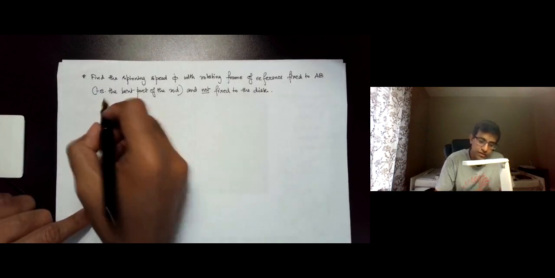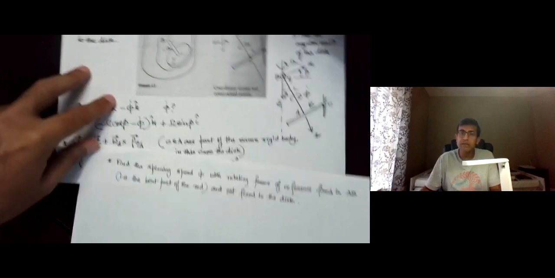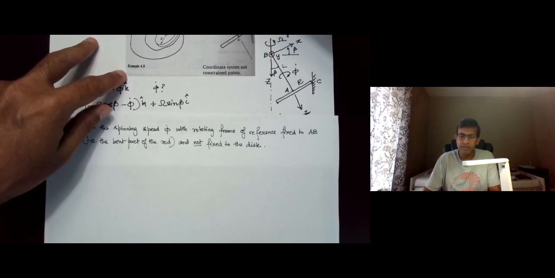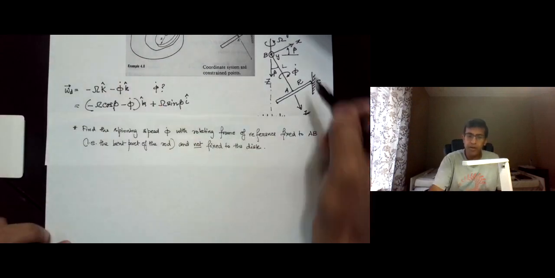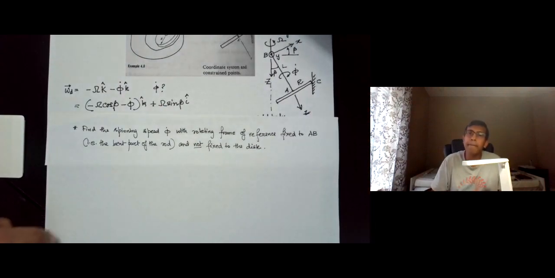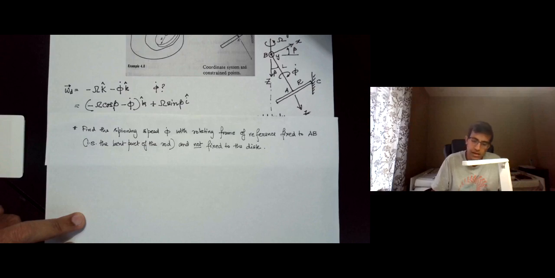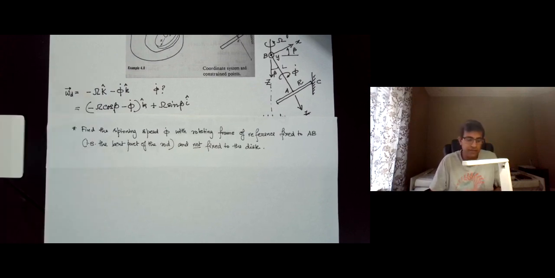Alright, so if we do this, then again, just for the sake of reference, I'm going to have this picture because it's going to be critical. Our rotating reference frame is now fixed to this bar AB. Okay, so in this rotating reference frame, C is not part of that same reference frame.